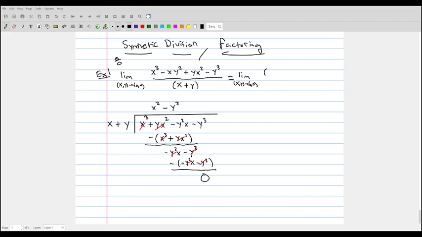Specifically, this numerator is equal to x plus y times x squared minus y squared with a remainder of 0. Which allows us to simplify this, because x plus y divided by x plus y is 1.